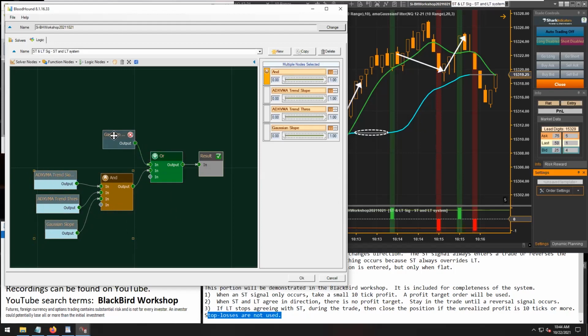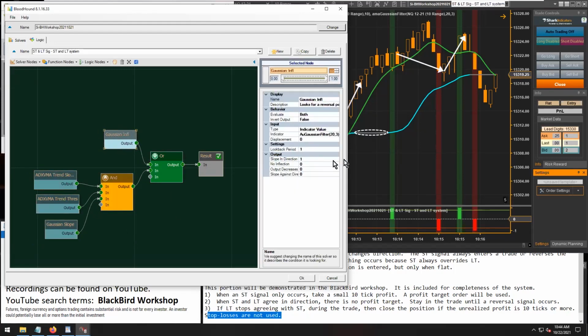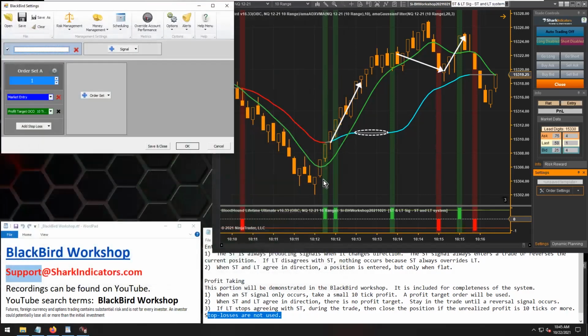So this solver here, I'm going to have to close that out. That's producing this first long signal when the Gaussian reverses direction, right? And then up here, the Gaussian reverses down, so it produced this short signal. Then the Gaussian reversed back up, and it produced this long signal, and then it reversed back down for the short signal.